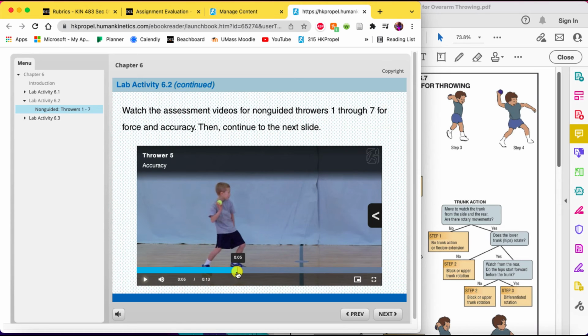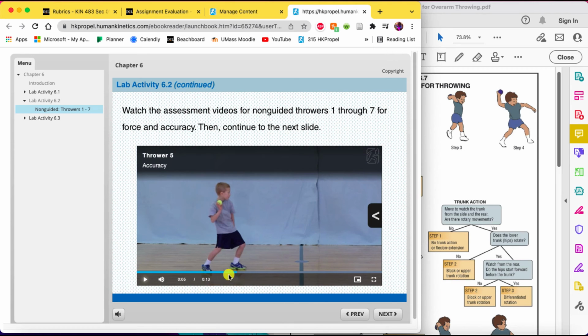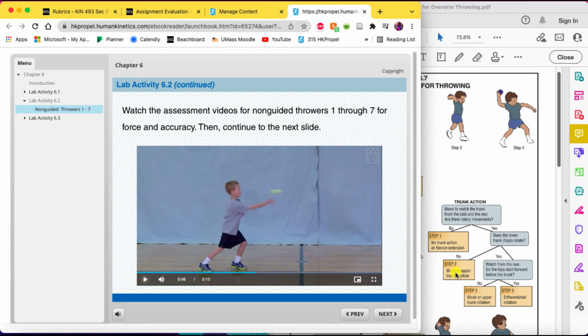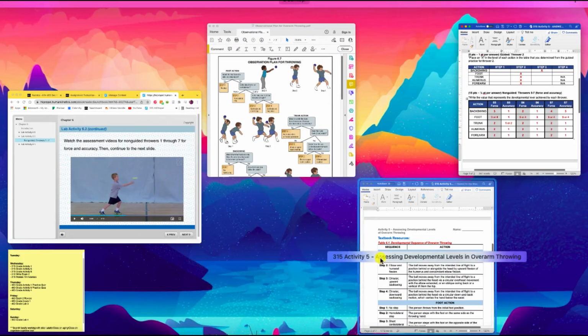But you could also argue that he's got a little bit of upper rotation, even though his hips or his pelvis isn't really rotating that much either. You might be able to argue that he's got some blocked rotation, but I would think 1 or 2 would be appropriate developmental levels for the trunk. For the humerus and the forearm, he was at level 1s for both of those.